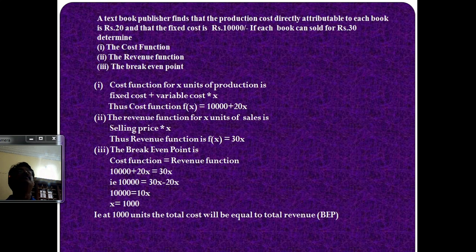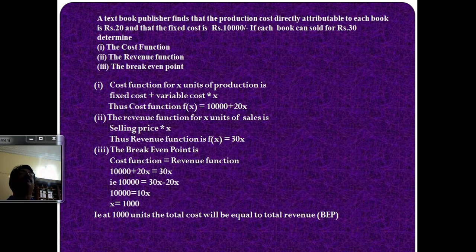Here the question is: a textbook publisher finds that the production cost directly attributable to each book is rupees 20. So when you produce a particular book, you need to pay 20 per book.